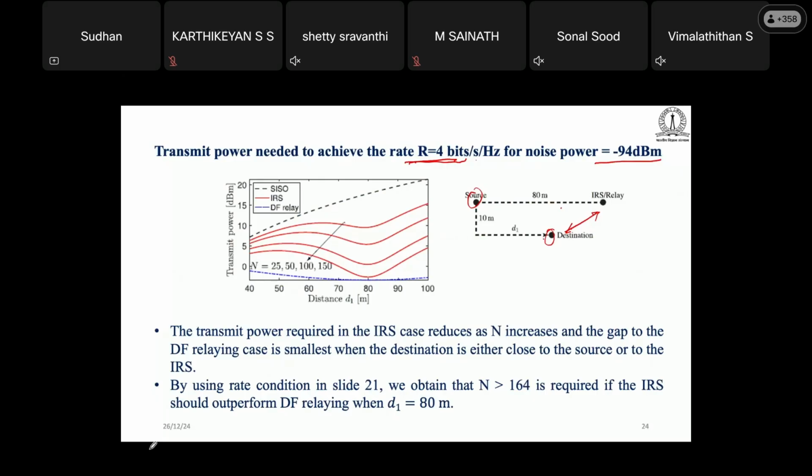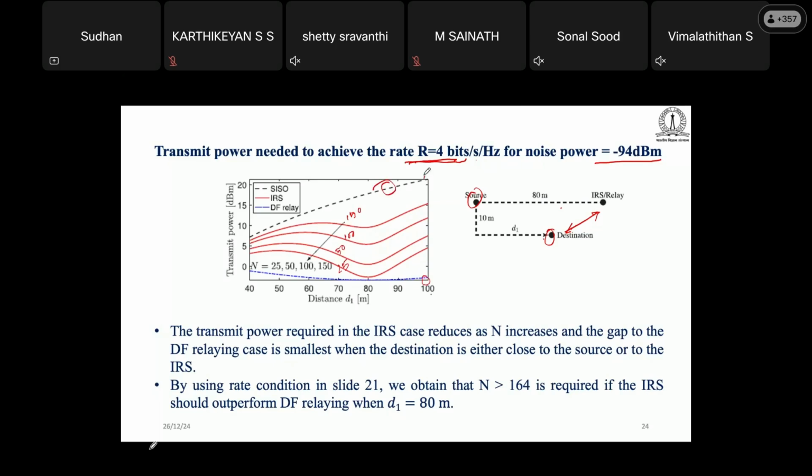So this is 150, 100, 50, and 25. So now the distance is 40, 50, and 100, and you can see the transmit power needed for SISO increases with distance, at 100 meters, to achieve 4 bits.